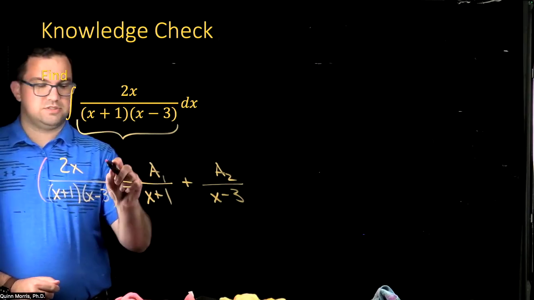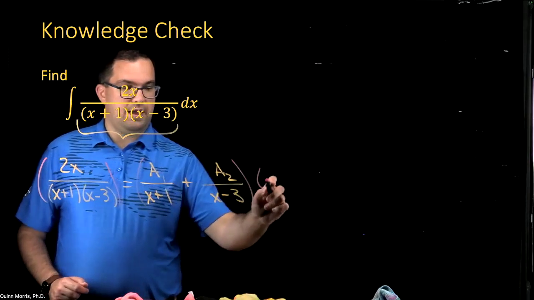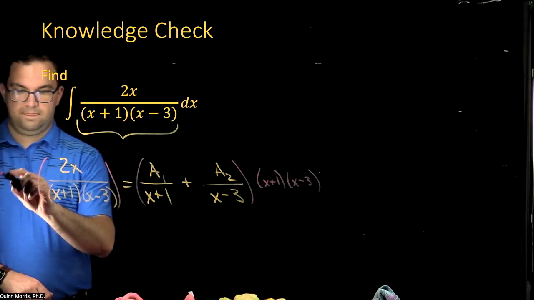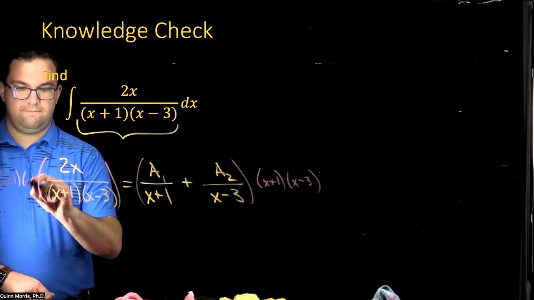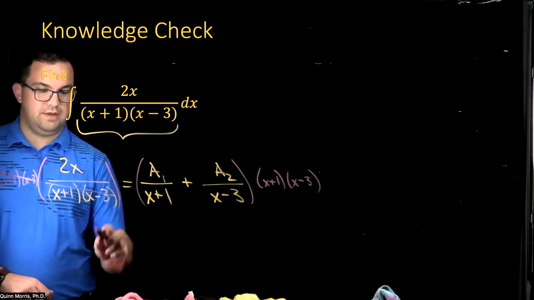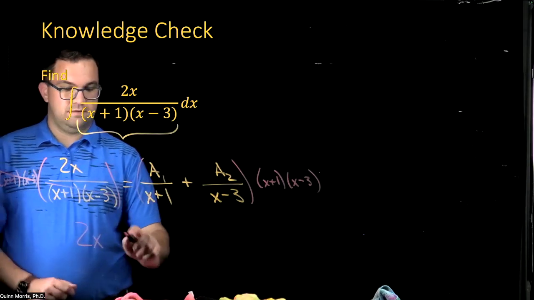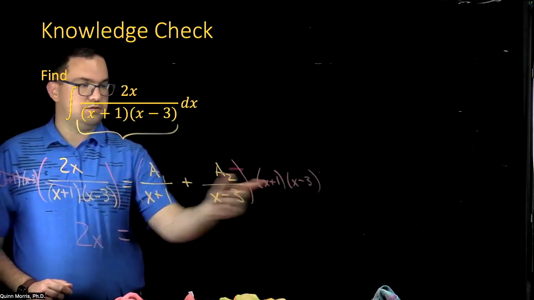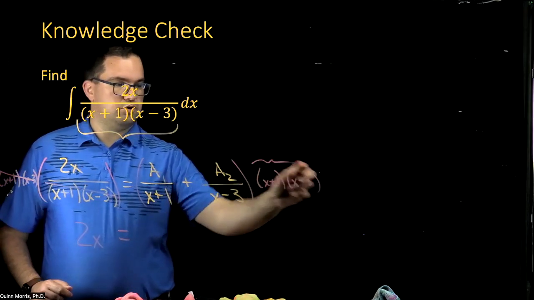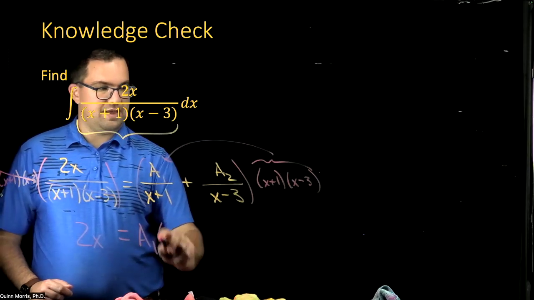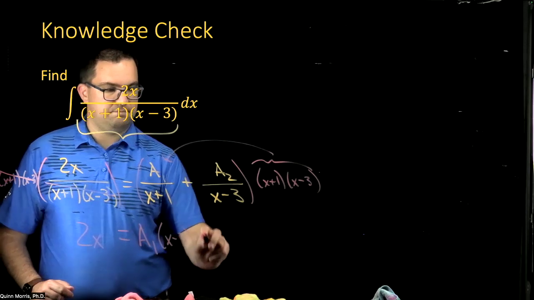I'm going to multiply both sides by x plus 1, x minus 3. Over here, these will just cancel, and I'll end up with 2x. And over here, when I multiply, the x plus 1s will cancel. So I'll end up with A1 times x minus 3.